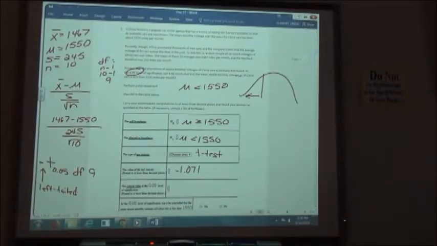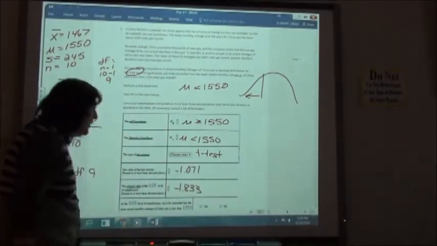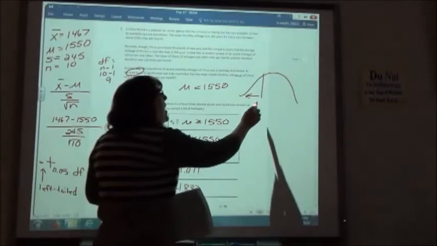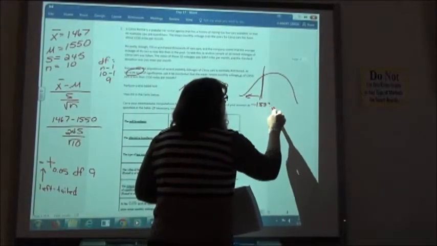All right, so when you put that into the Alex calculator, what did you come up with for a number? Yep. Negative 1.833 is what you get. So what they're saying is this line right here is at negative 1.833.